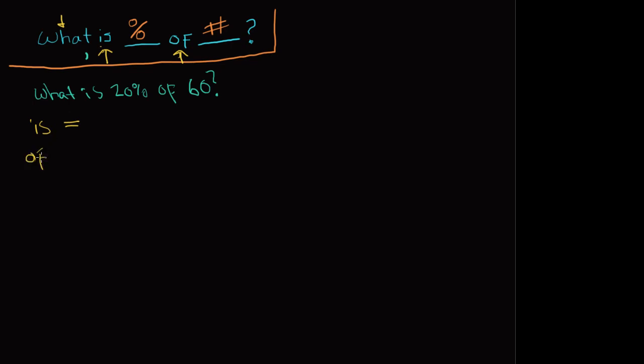"Of" you can rewrite as multiply, which I actually prefer to write with the dot symbol myself because it doesn't get confused with variables later in algebra. And "what" represents that variable I was just saying, and exactly why you want to use the dot for multiplication. Might as well get used to it. "What" is x, or if you're not ready to write it as x, just keep it as a question mark.